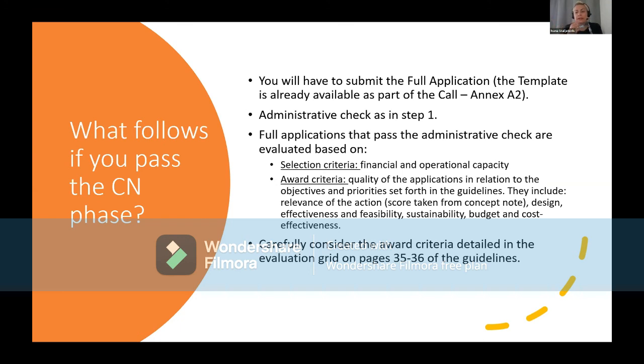Then the full applications that passed the administrative check are evaluated based on 2 criteria: selection criteria and award criteria. With the selection criteria, your financial and operational capacity is examined. You either pass the selection criteria or not, and then if you pass it, your full application will be assessed on the basis of the award criteria.